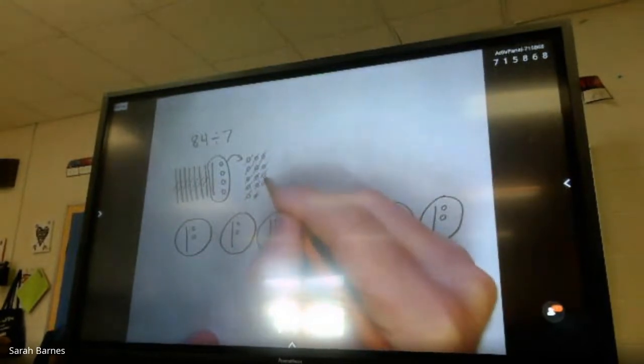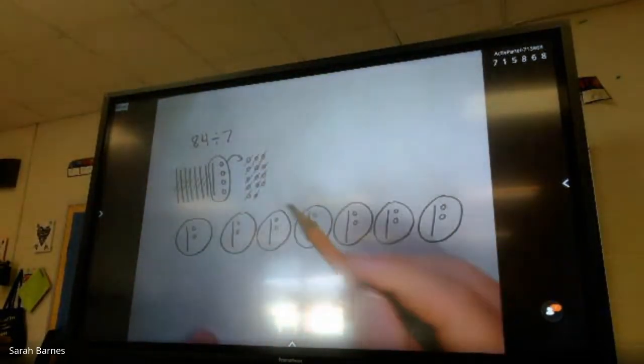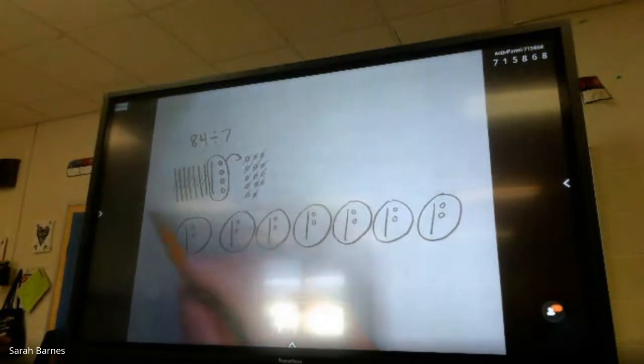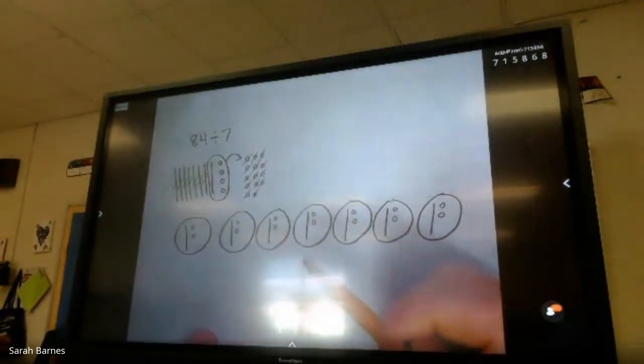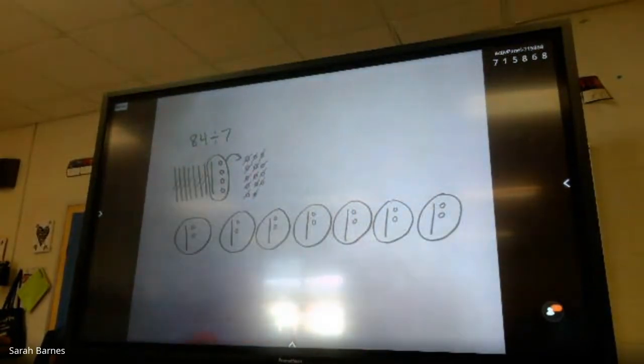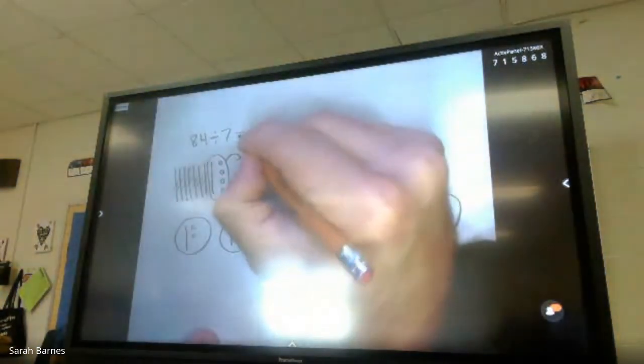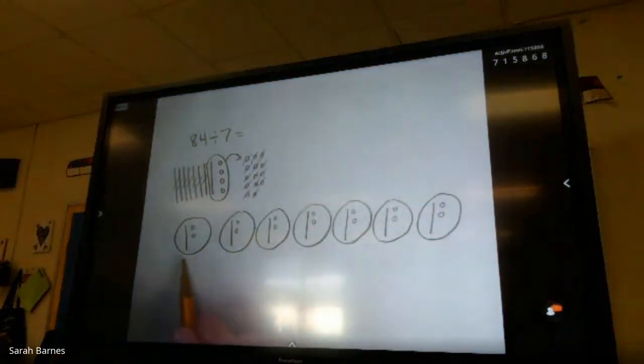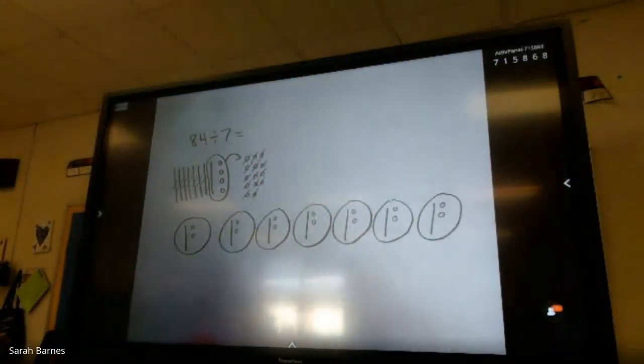I'll cross them off because I've shared them, and you'll see there are no 1s and no 10s anymore that are not crossed off, so I don't have a remainder. I have shared 84 among 7 groups. To find my quotient, all I need to do now is see how much I have in each group.